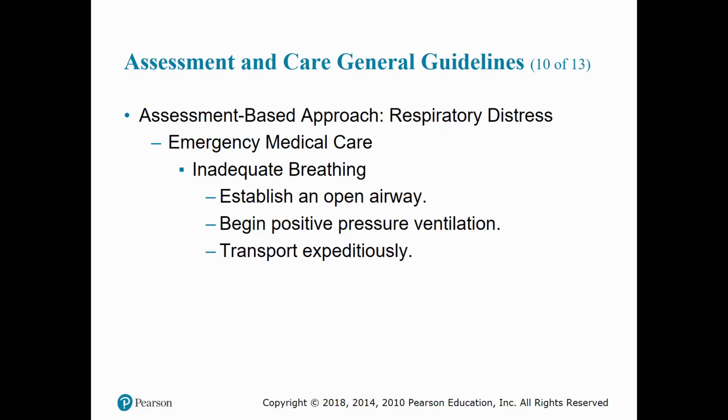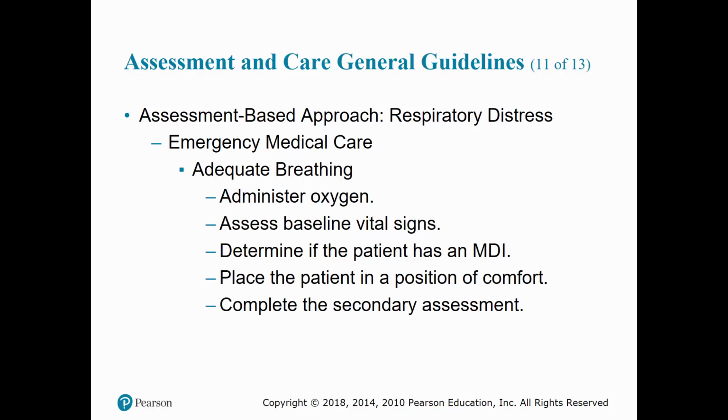If signs of inadequate breathing are present, such as poor chest rise and fall, poor volume, or inadequate rate, make sure that you have an open airway, transport expeditiously, and begin positive pressure ventilation. If they're breathing adequately, ensure that you have an O2 sat of 94%.